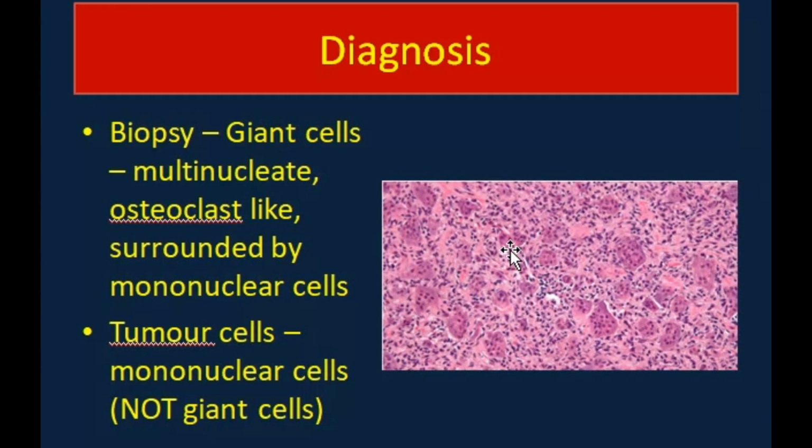So the giant cells are multinucleated, but they will be surrounded by mononuclear cells. Now, what we have to remember here is that the tumor cells are the mononuclear cells and not the giant cells. Even though the name of the tumor is giant cell tumor, the tumor cells are these mononuclear, single nucleus cells that surround the giant cells. Those are what comprise the tumor basically, or form the tumor.